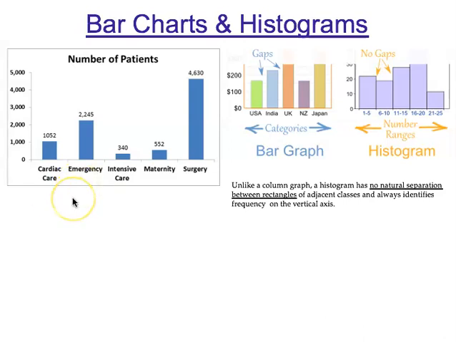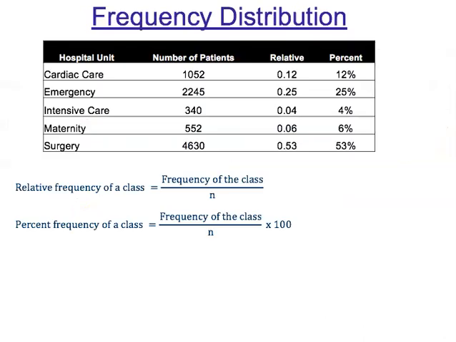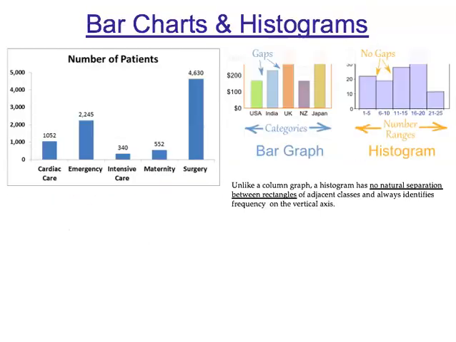If we take the data from our prior example with the hospital, we had constructed the relative and percent frequency distribution. We can convert this into a bar chart. So if we do that, we have cardiac care, emergency care, intensive care, maternity, and surgery on the horizontal axis, and then we have the actual numbers presented here. So it's much easier now to see how surgery dominates everything else and how intensive care is the lowest.